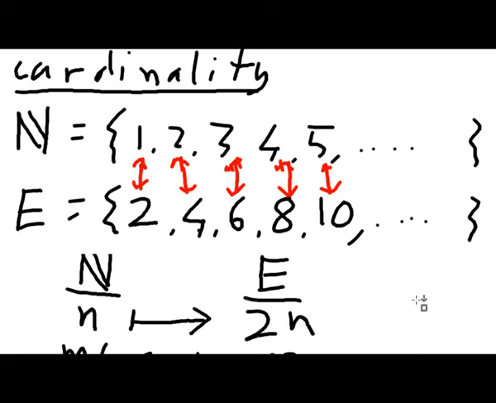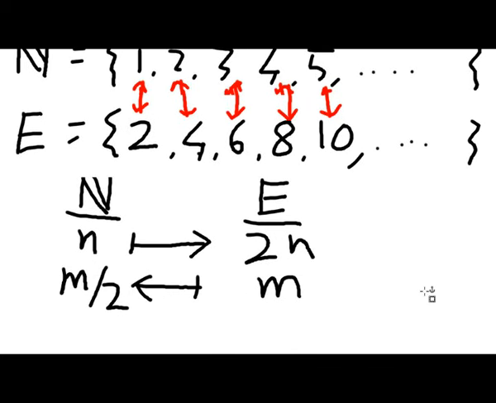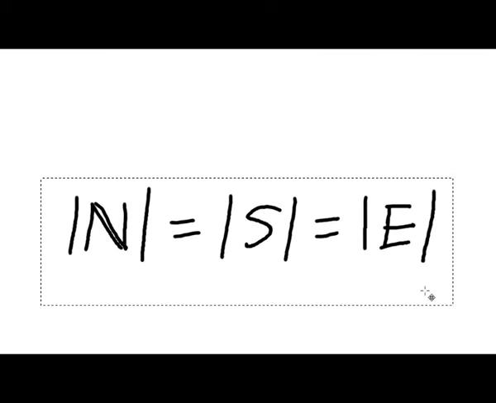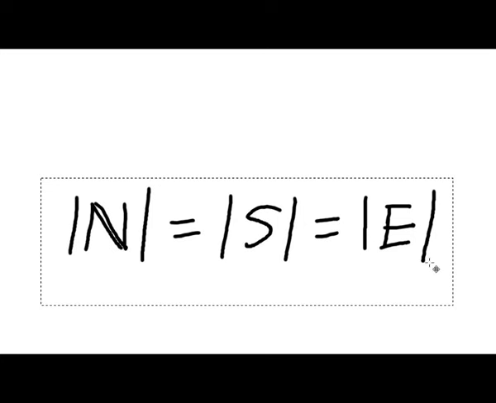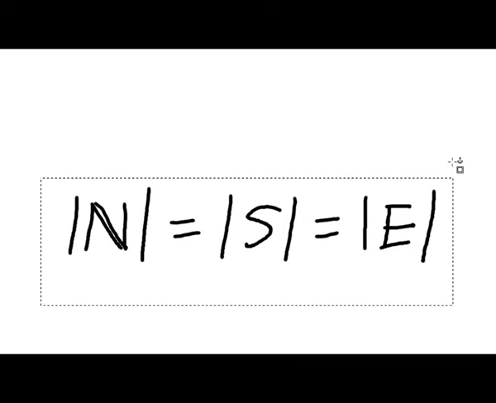So infinity by 2 is once again infinity. 2 times infinity is infinity. So you cannot really compare infinities by saying this is half the infinity of the other infinity. So those infinities are, in this case, the same, as we saw by being able to establish this one-to-one correspondence. The way to compare infinities is to establish one-to-one correspondence. And we saw that the set of natural numbers and the set of even natural numbers have the same cardinality because we can establish a one-to-one correspondence between the elements of these two sets.